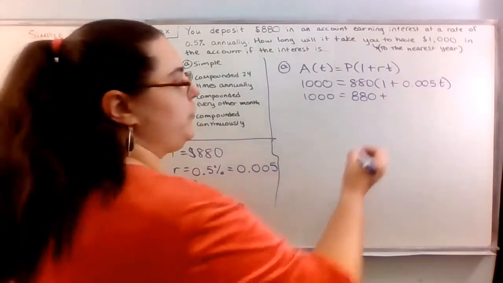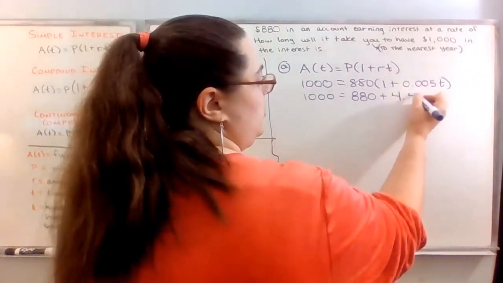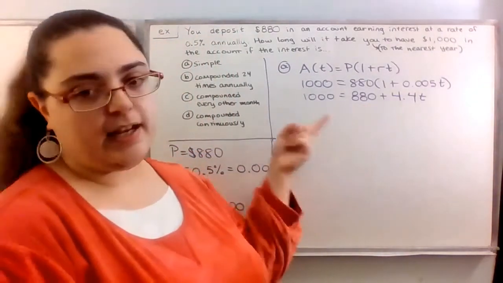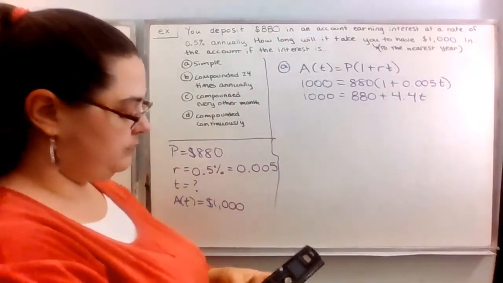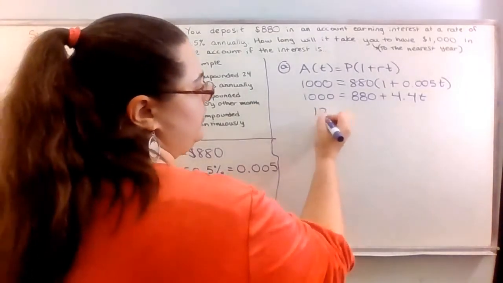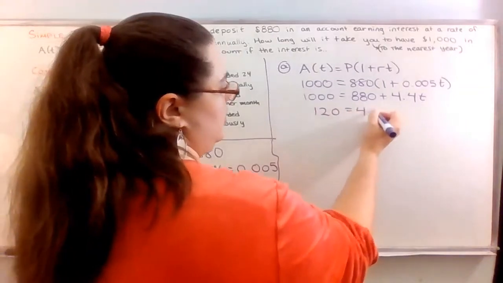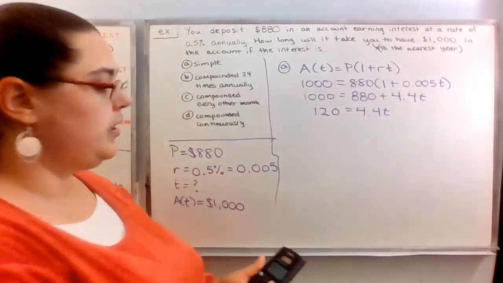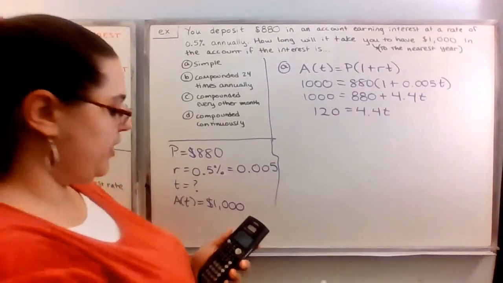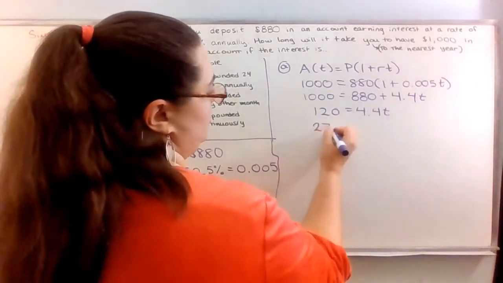That'll give me 4.4. Next, we'll subtract 880 from both sides. And that gives me 120 on the left. And if I divide by 4.4, I'm going to get 27.27 repeating.